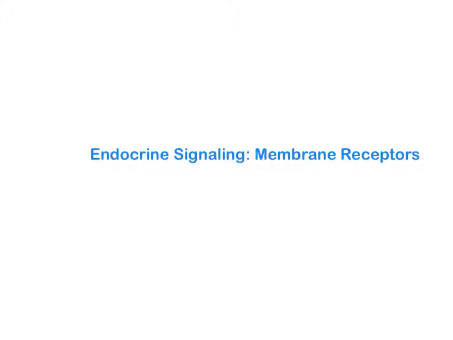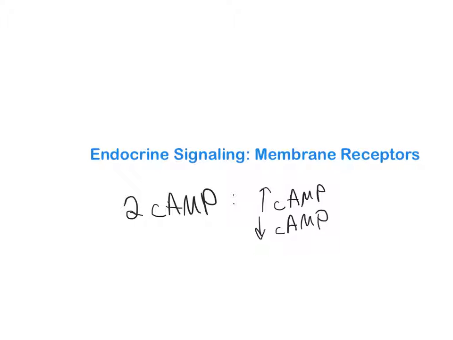Two pathways that signal through cyclic AMP, one pathway that increases cyclic AMP levels, and one pathway that decreases cyclic AMP levels. The third pathway signals through calcium ions.